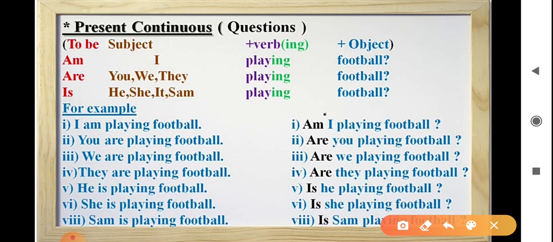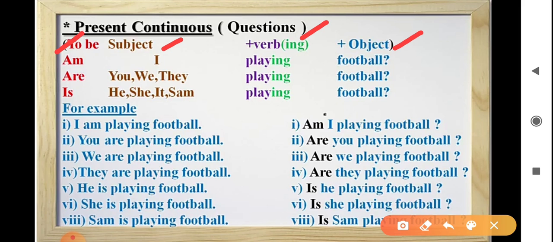First, we use be form of the verb plus subject plus verb with ing form plus object. To create an interrogative sentence, we use is, am, are as an interrogative word.